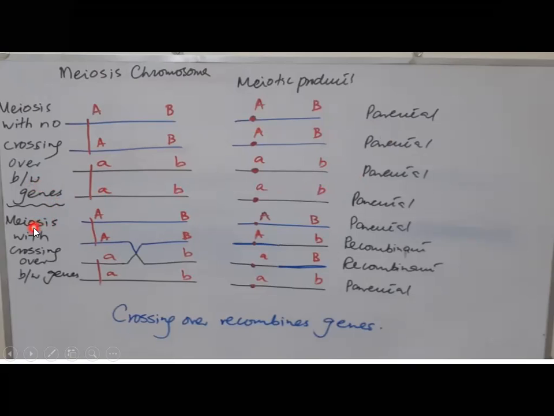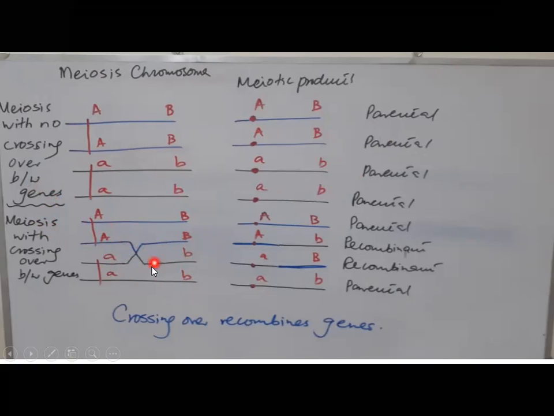But here is another example in which there is a process of crossing over. This is one chromatid, this is the second chromatid of the homologous chromosome. This is one homologous chromosome, this is the second homologous chromosome. In the process of crossing over during meiosis one, in prophase one, they have exchanged segments between them.